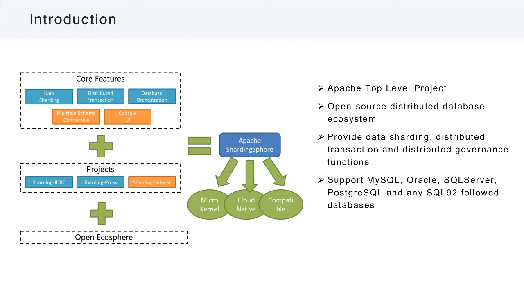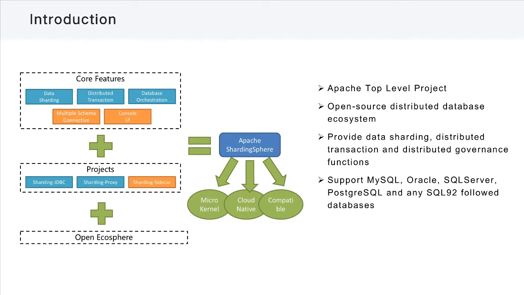Apache ShardingSphere is an open source ecosystem consisting of a set of distributed database solutions, including 3 independent products, JDBC, Proxy, and Planning Sidecar. They all provide functions of data sharding, distributed transaction, and data governance.